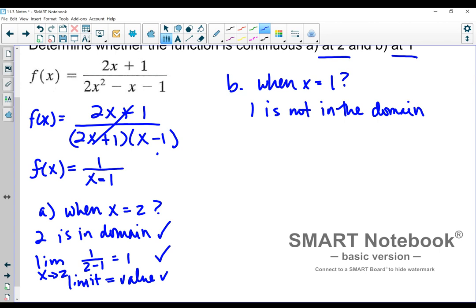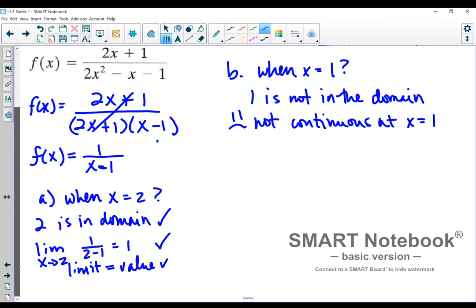I don't care about you figuring out what f of 1 is. Well, we can't even find f of 1, can we, if it's not in the domain? We just know it's not continuous.